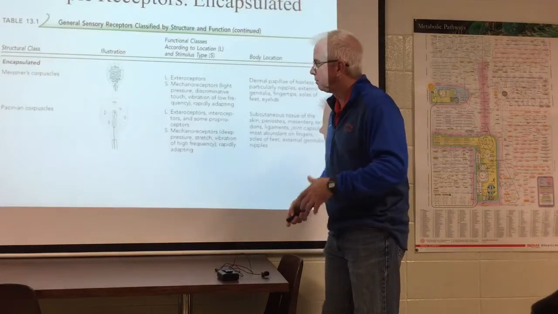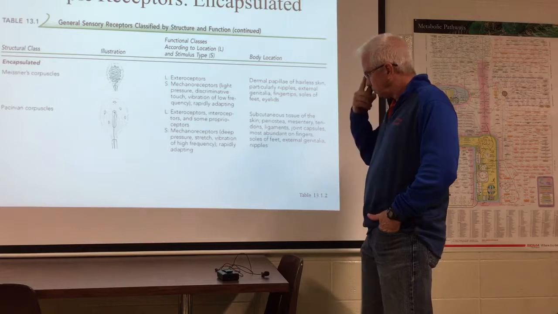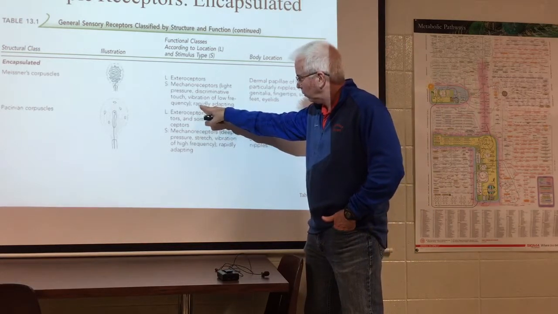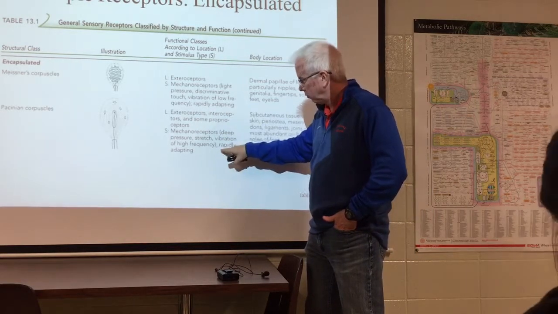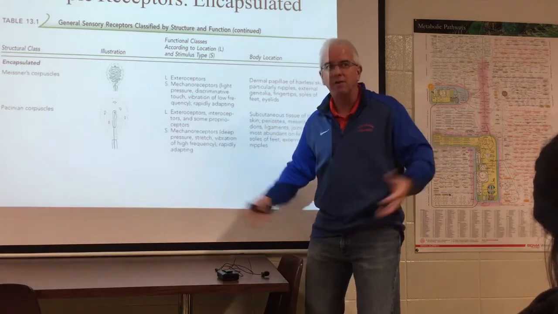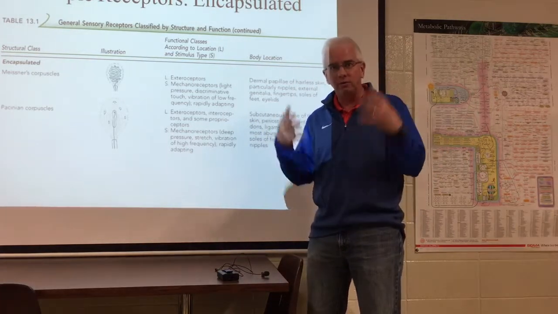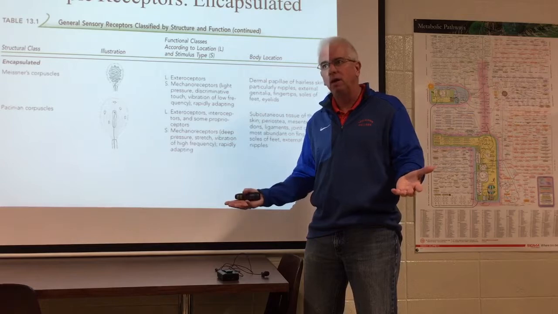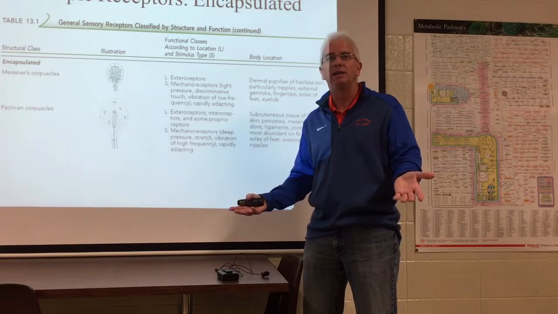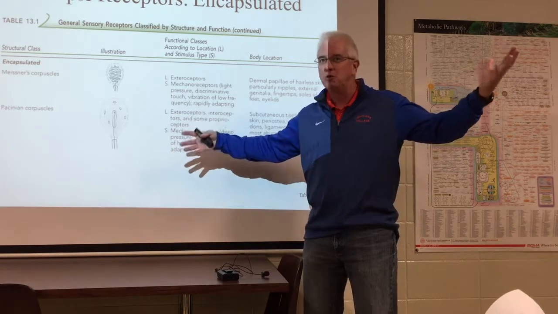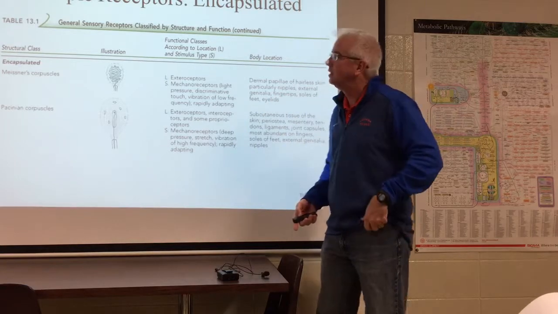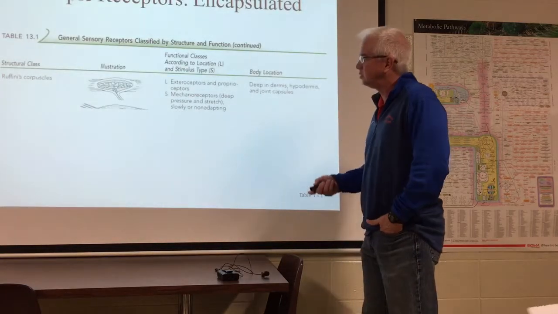They adapt. Rapidly adapting. The amount of information going, once you've hit them, will stop after a while. You can't continue to hit them. So the way you continue to get information is with these Ruffini's corpuscles.